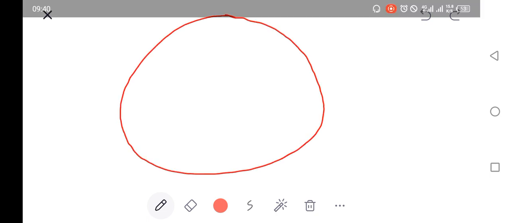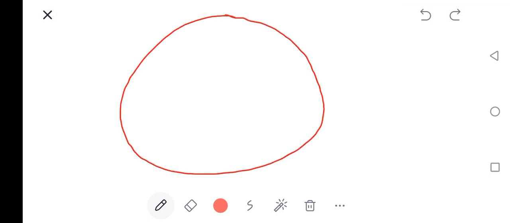So let's look at the example. We'll be drawing a lot of circles here. So this is north, south. This is the equator, which is always 0 degrees.